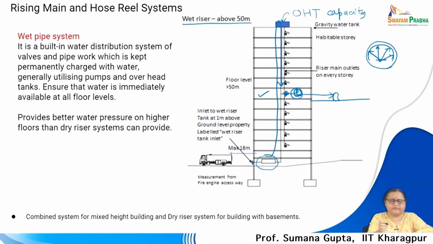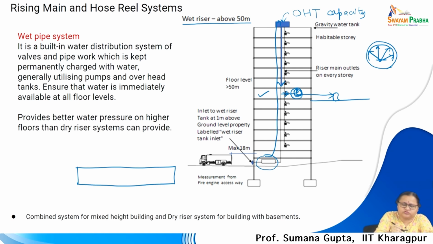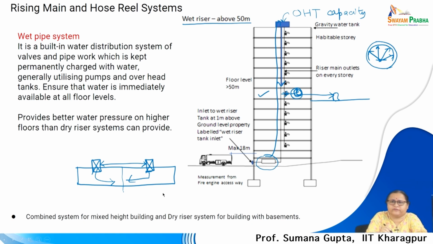So, if you have a very long building, usually institutional buildings, you must have fire staircases at given distances so that my hose reel operation can take care of the entire floor area.